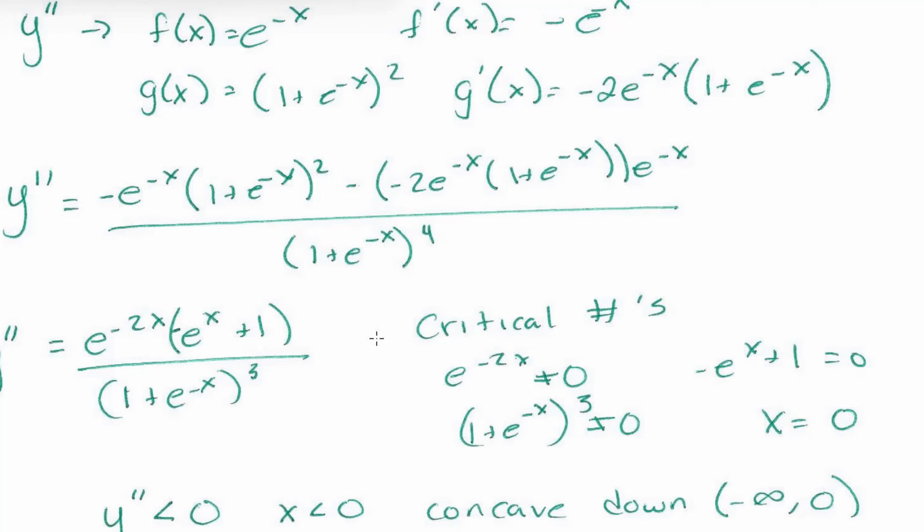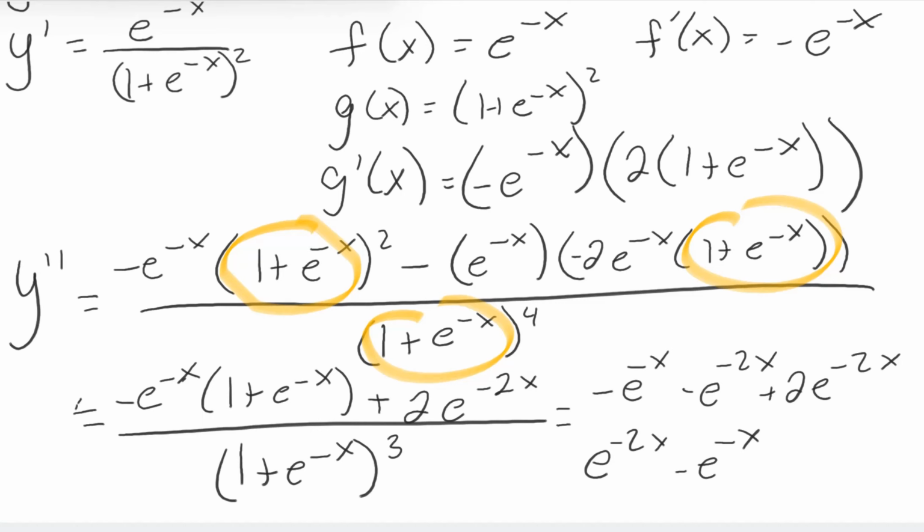I forgot to cancel that. When I pulled it out of here and made that a 3, I forgot to cancel that one out. That's how I got the x to the third, which I shouldn't have had. All right, so it's fine.